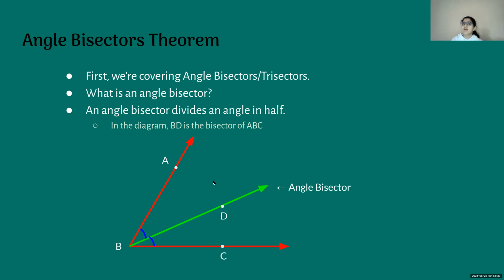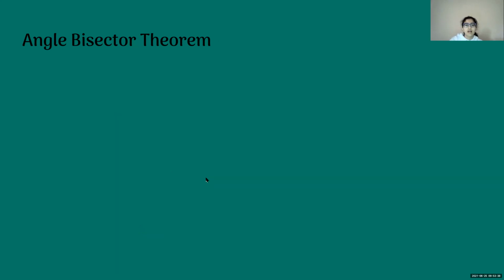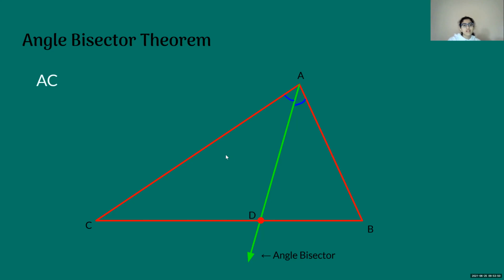But in triangles, we have this thing called the angle bisector theorem, and it relates the sides created by that angle bisector. The angle bisector theorem states that AC, which is this side, divided by CD, which is this side, is equal to AB, which is this side, over BD, which is this side.